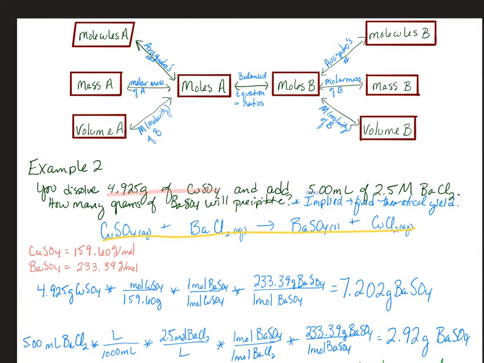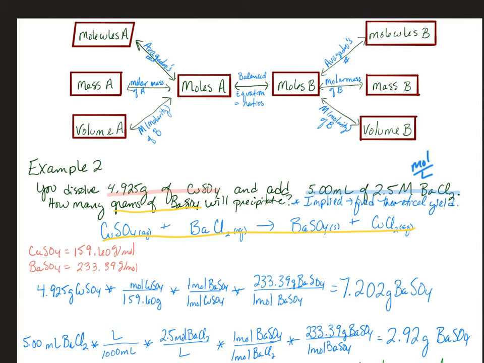And we have 5.0 milliliters of 2.5 molar BaCl2. You remember that molar is moles over liters. So that's got 2 units in it. And the question is how many grams of BaSO4 will you have as a precipitate?